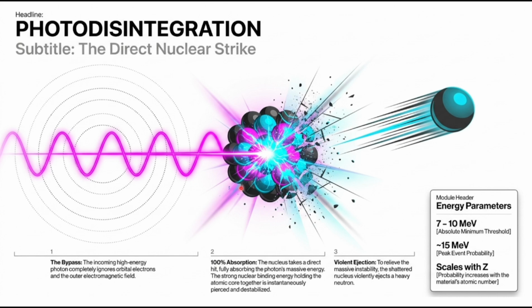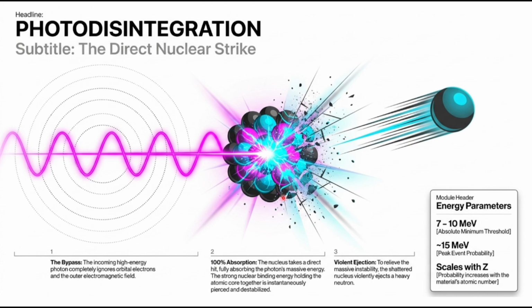To relieve this massive instability, the shattered nucleus must react. It violently ejects a subatomic particle directly from its core. It can sometimes eject a proton, but it most commonly ejects a heavy neutron.